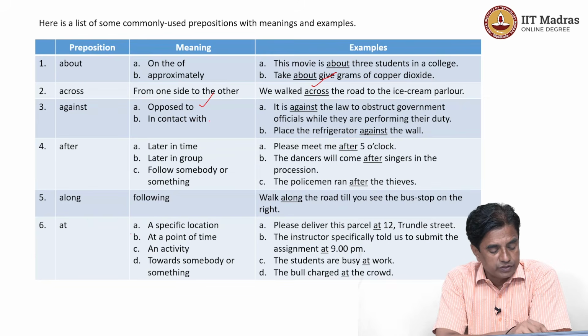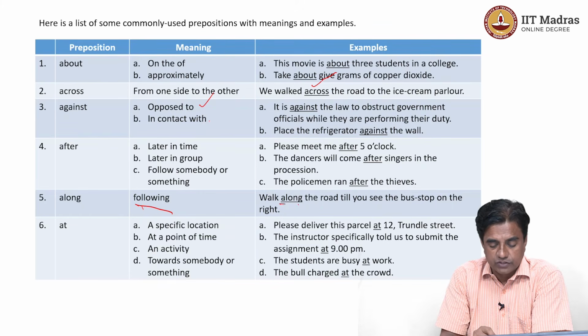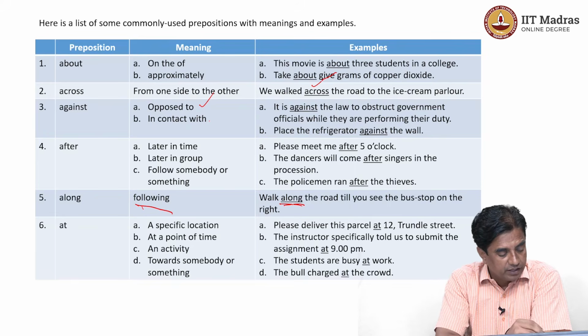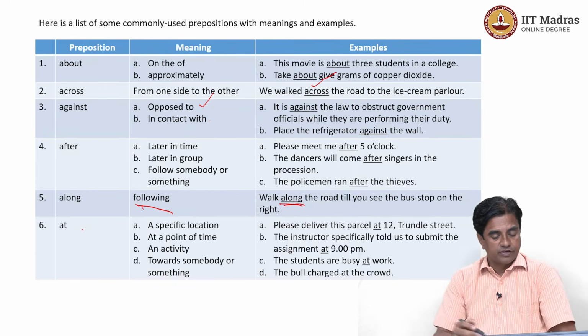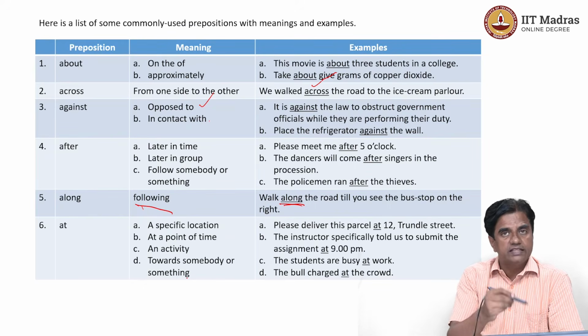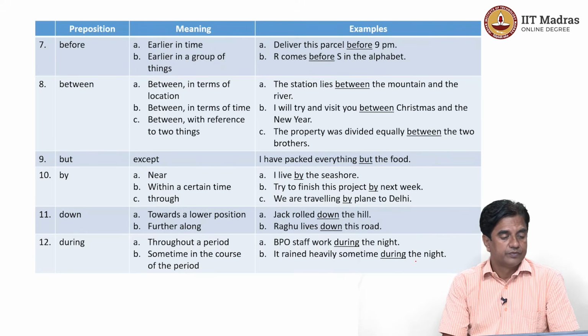Along is also used in the sense of following. Walk along the road till you see the bus stop on the right. So this is the preposition that is used for that. Then we have at, for a specific location, at a point of time, and activity towards somebody or something. So in these contexts also, see the examples and use them.